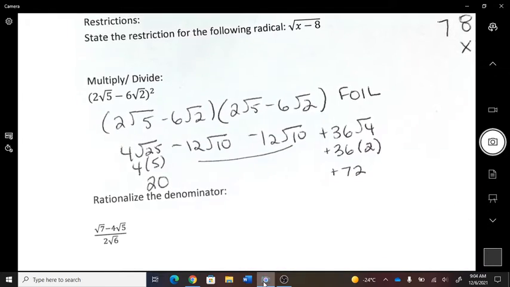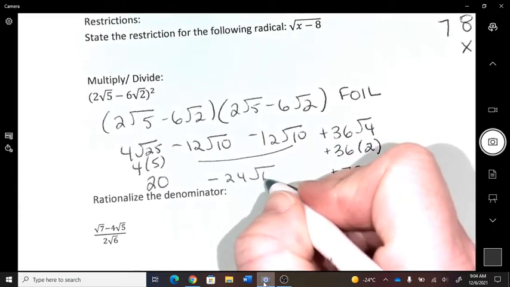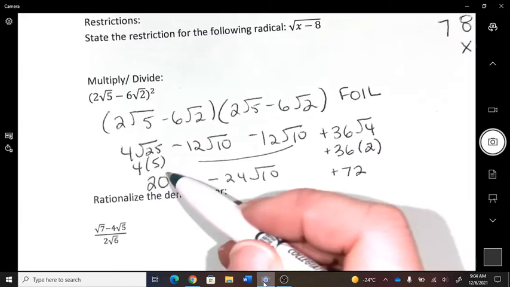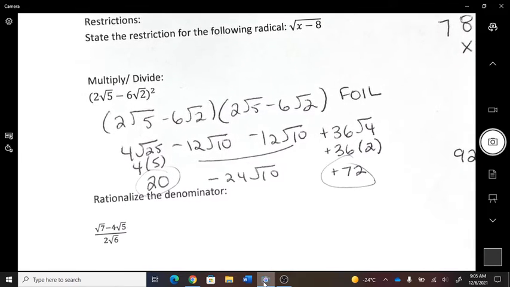And these are both root 10s, so I can add them up together, so negative 24 root 10. Okay, now I can also do more combining. I can put the 20 plus 72 together, making 92 minus 24 root 10.